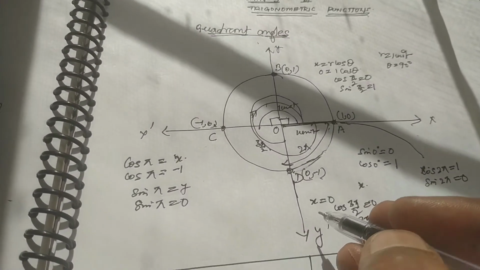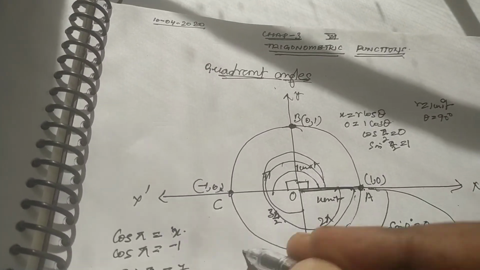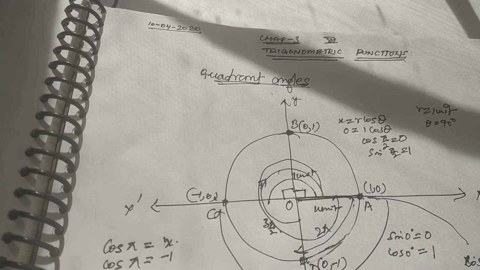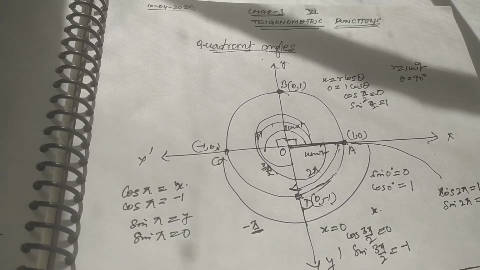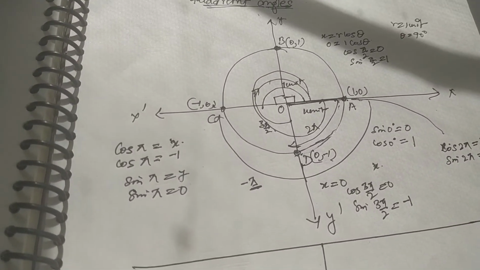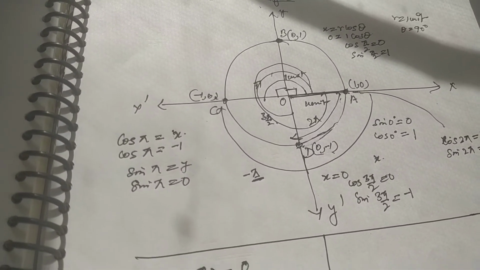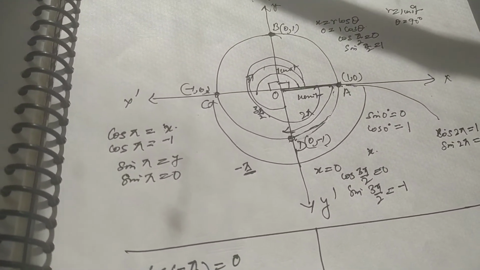If we move further to minus pi, cos minus pi is equal to minus 1 and sine minus pi is equal to 0.